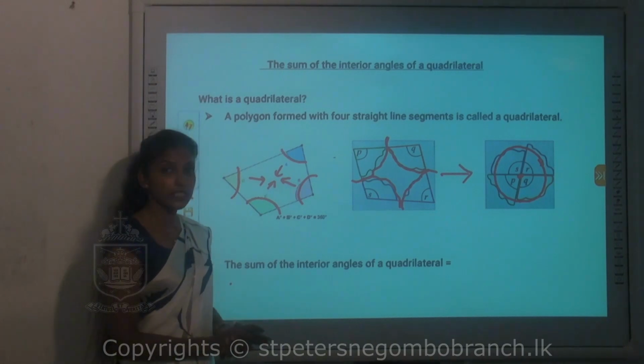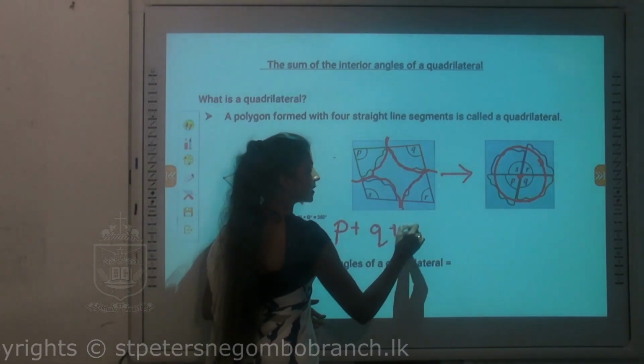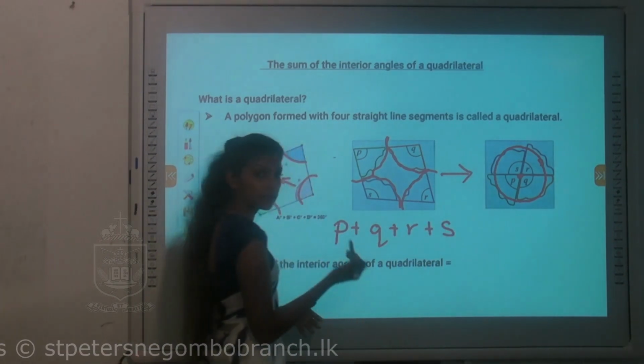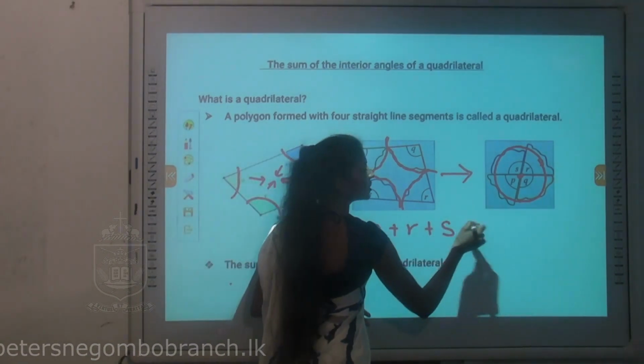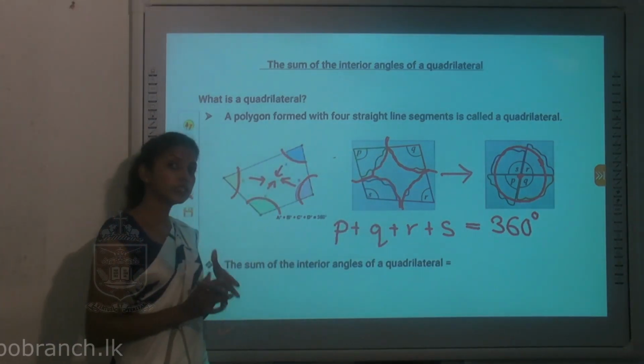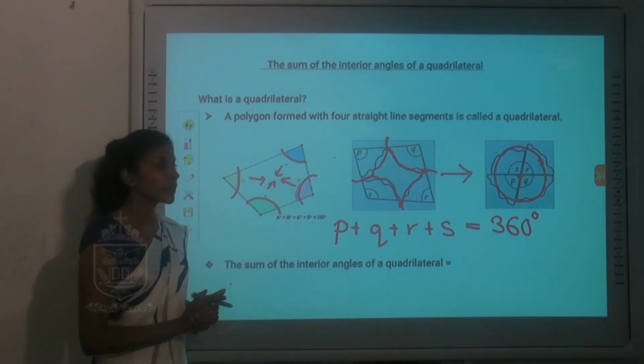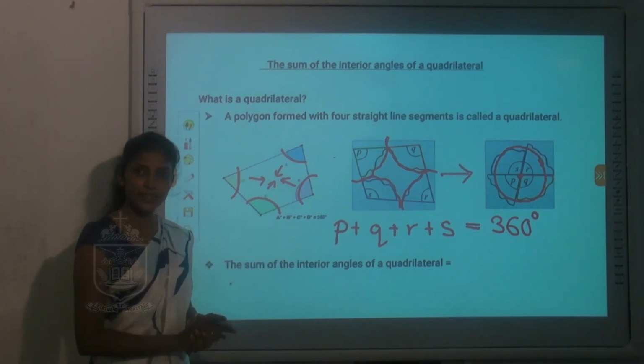So the sum of the interior angles, once we add P plus Q plus R plus S, these are the four interior angles, is equal to 360 degrees. So that is what we can conclude from this activity. You all can also do that and see whether you will get 360 degrees.